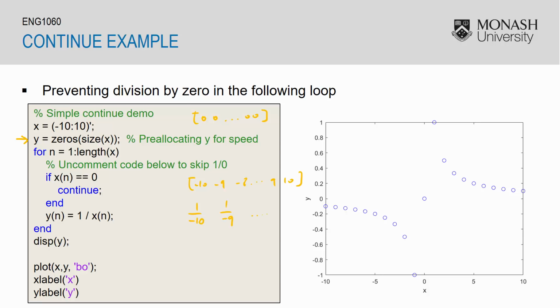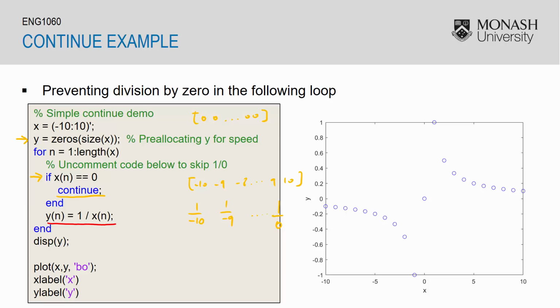You should note that we will encounter a calculation where we will have 1 divided by 0, which is not possible. Therefore, within the for loop, we have an if statement stating that if x of n is equal to 0, then we can continue. When the continue command is encountered, it means that it will skip the remaining commands in the for loop.